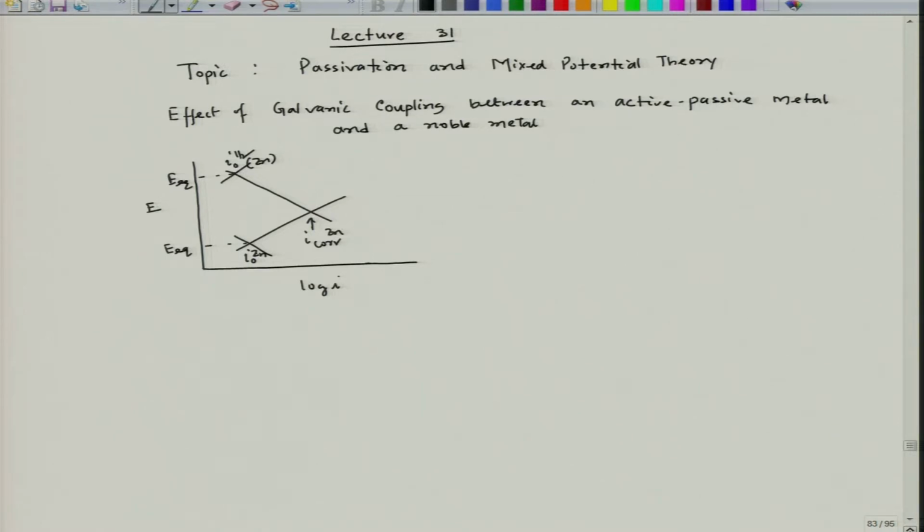Now, once we connect zinc, let us say 1 centimeter square area, with platinum of 1 centimeter square area. On platinum the hydrogen exchange current density is much higher than that on zinc surface, but E equilibrium does not change because this E equilibrium is decided by the pH of the solution, provided the hydrogen gas pressure is kept at 1.